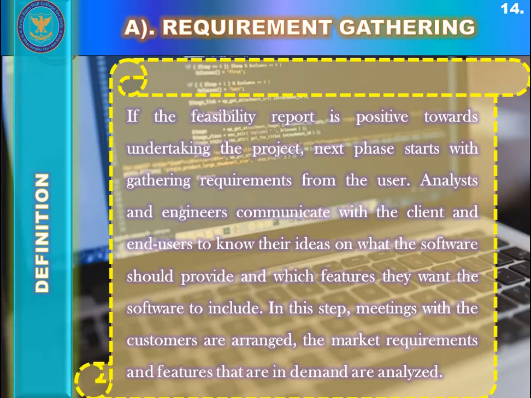System analysts and system engineers communicate with the client, the customer who has placed the order for the development of a new system. They communicate with the customer organization and with the end users who use the system inside it, to know their ideas on what the software should provide and which features they want the software to include.